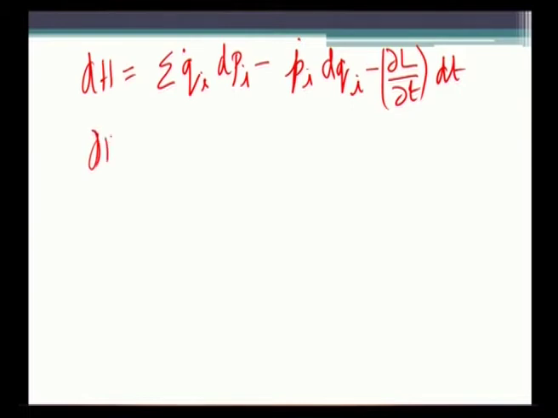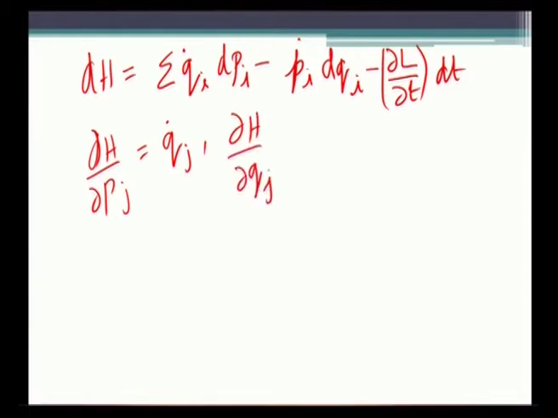Now, ∂H/∂p_j is equal to q̇_j, and ∂H/∂q_j is equal to minus ṗ_j. Then ∂H/∂t is equal to minus ∂L/∂t. So, these are all the Hamiltonian's equations.